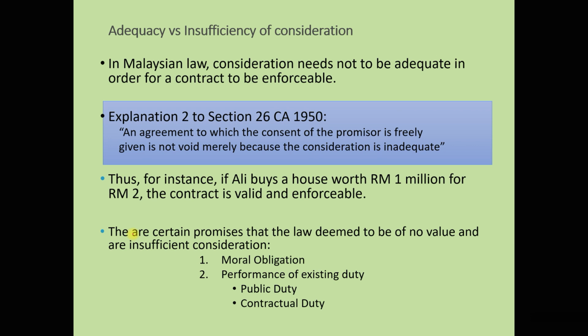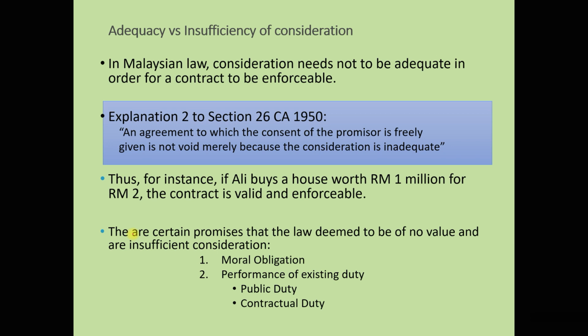Because if you see Explanation 2 of Section 26, it says an agreement to which the consent of the promisor is freely given is not void merely because the consideration is inadequate. Okay, so 2 ringgit might be inadequate.